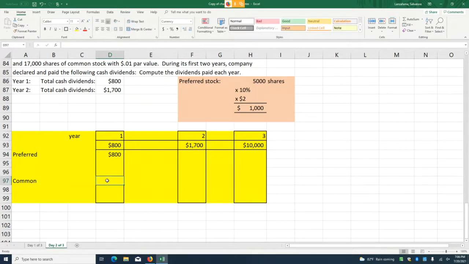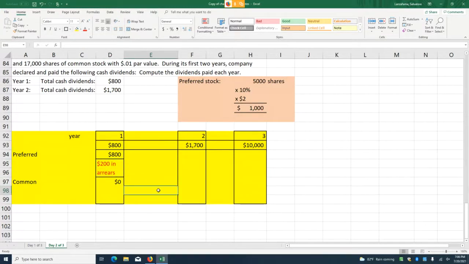gets nothing. However, the other 200 that preferred was supposed to have goes into what we call arrearage, meaning that we promise to pay them this $200 as soon as we have the money available.